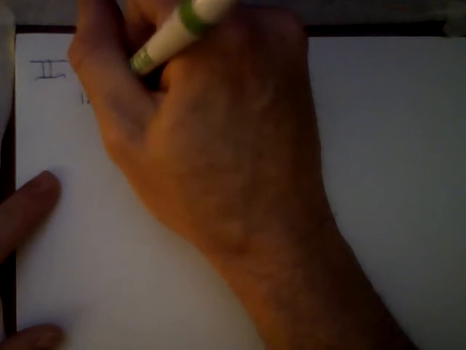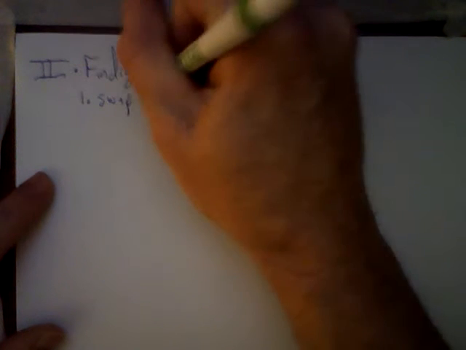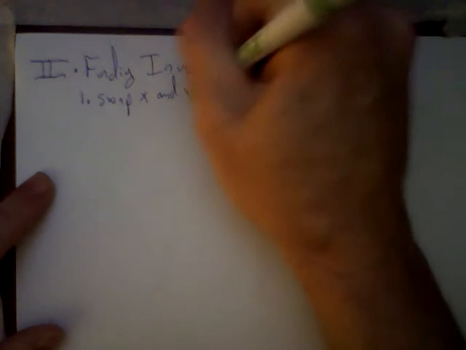So the next idea is then finding inverses of functions. And it's as simple as swapping x and y, right? So if you're given a function already, you replace the f of x with y. If you have the y in terms of x, just swap x and y, and then solve for y.